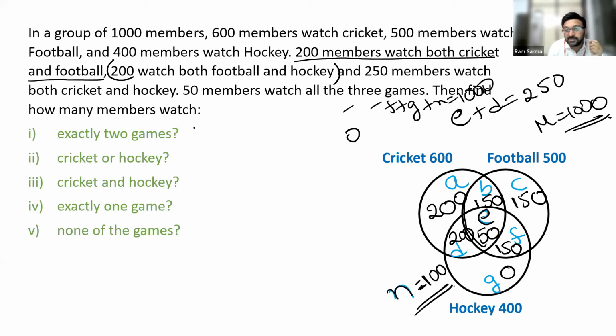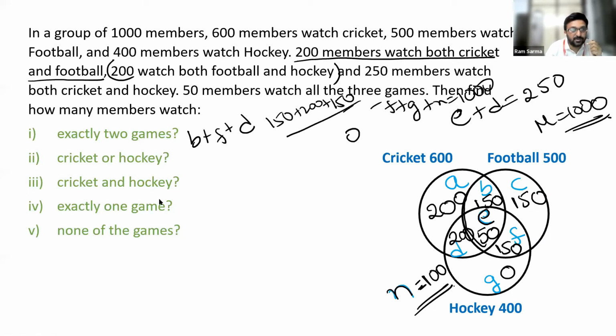So exactly 2 games is B plus E plus, sorry, let me erase this. So exactly 2 games is B plus F plus D. That's 150 plus 200 plus 150. That gives you 500.